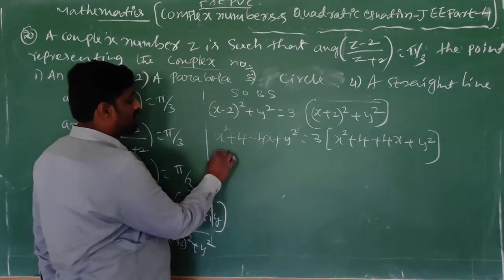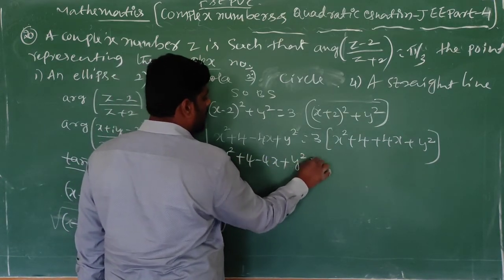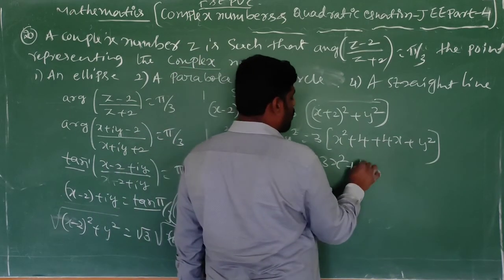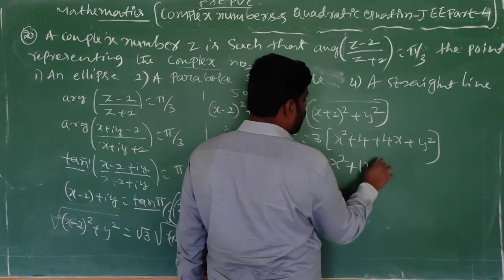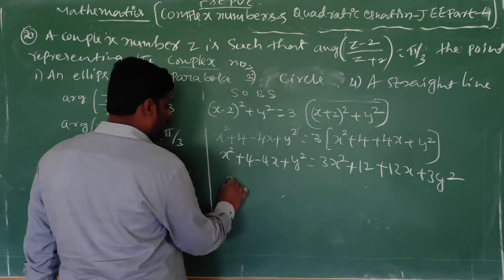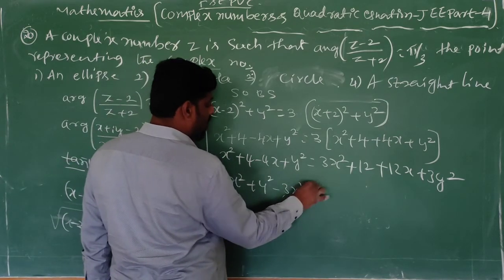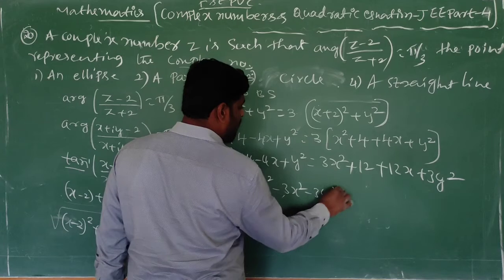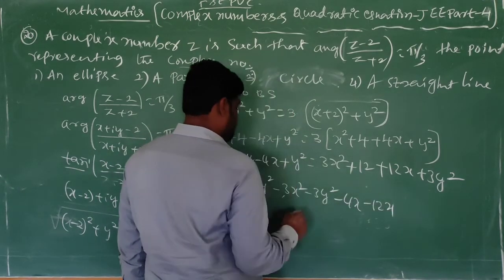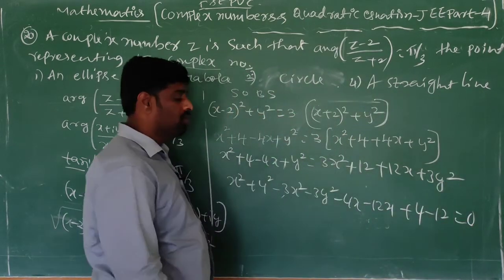So now 3 into x square is 3x square, 3 fours are 12, 3 fours are 12x, plus 3y square. So x square plus y square minus 3x square minus 3y square, so minus 4x minus 12x, plus 4 minus 12 is equal to 0.